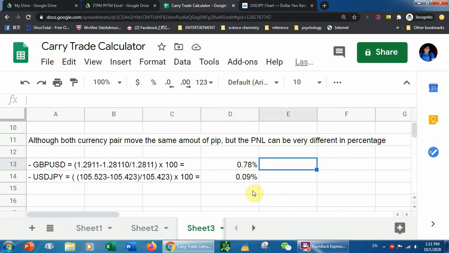Because the volatility in the forex market is so low that you can't make a lot of money.